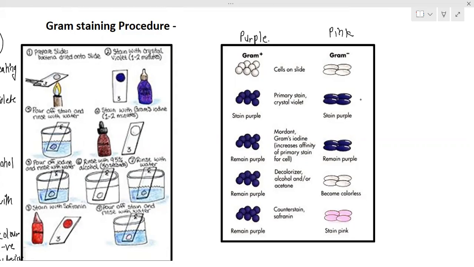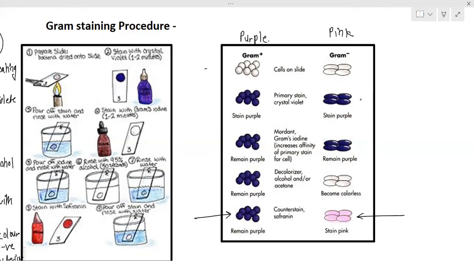Now scientists, after discovering this technique, were wondering why some bacteria remain purple and some turn pink in this procedure. Let us see what happens in each step.